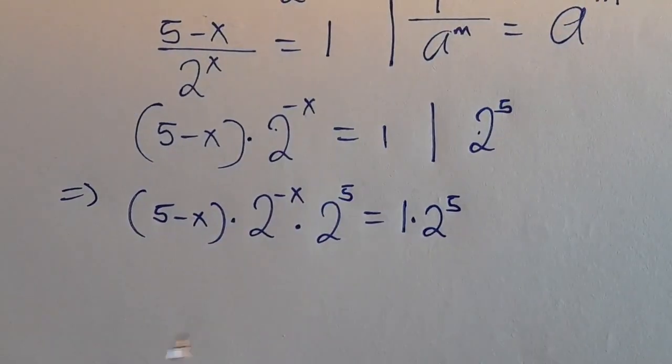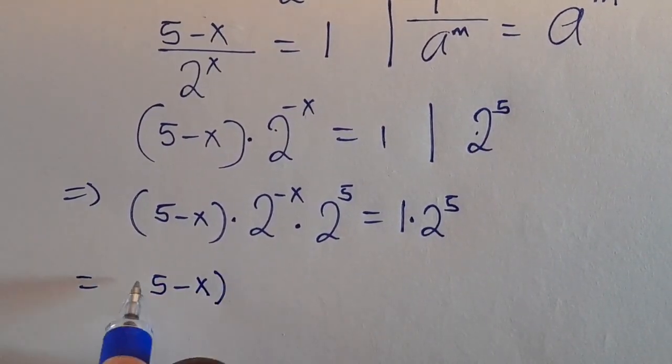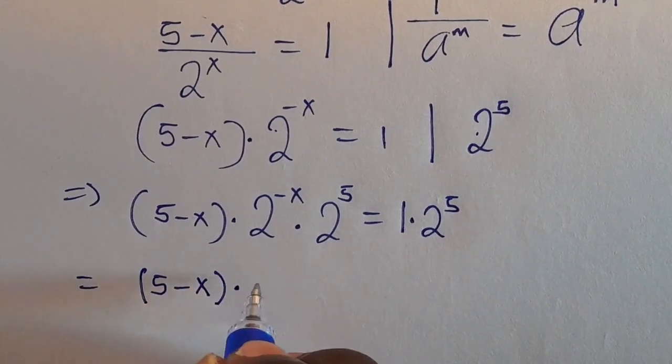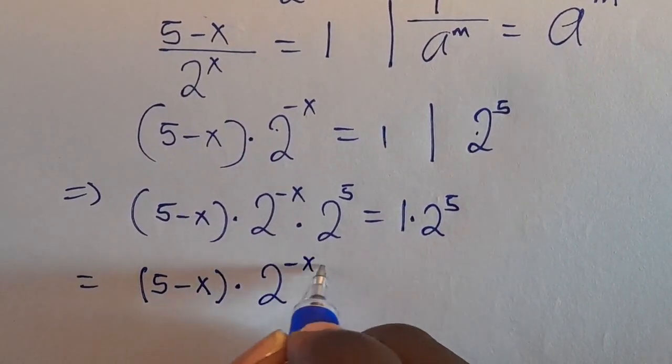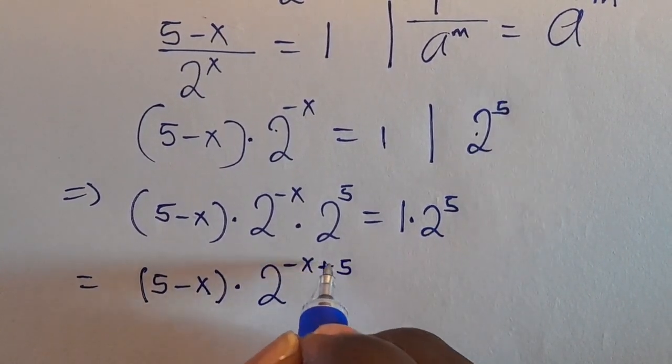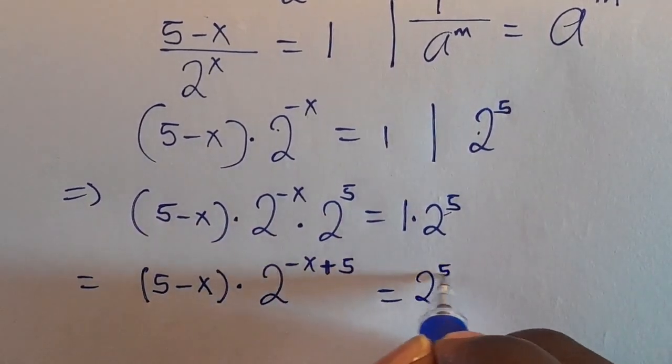So from here we have 5 minus x, then multiplied by 2 to the power of minus x plus 5 equals 1 multiplied by 2 to the power of 5, which will be 2 to the power of 5.